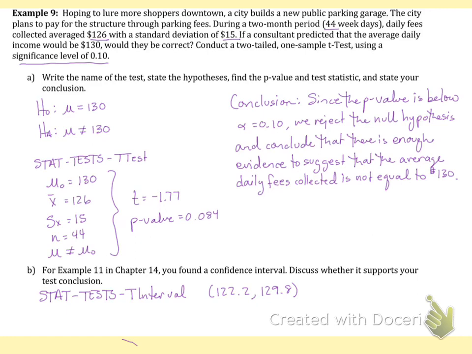And therefore, we're going to say the interval does not contain the null hypothesis of mu equal 130. And therefore, since the interval does not contain this, it supports the idea of rejecting the null hypothesis.